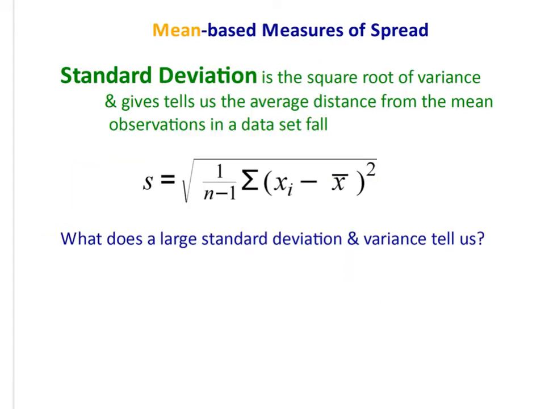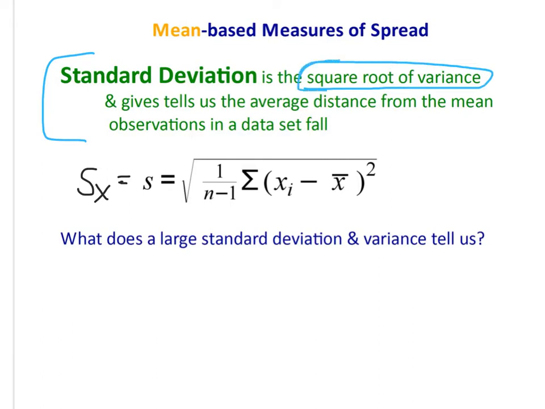The standard deviation, just to review, is S, or we said it's Sx. The formal definition for standard deviation is the square root of the variance, and it tells us, like we said earlier, the average distance from the mean.